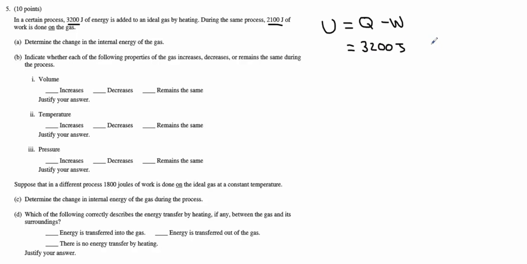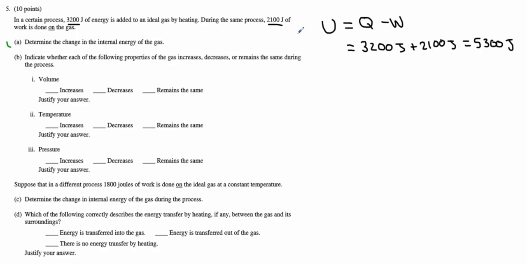And a negative of a negative is a positive. So we're going to do 3,200 joules plus 2,100 joules to get our final internal energy change of 5,300 joules. Okay, and that's going to be a 1-pointer. Part A was just the 1 point.